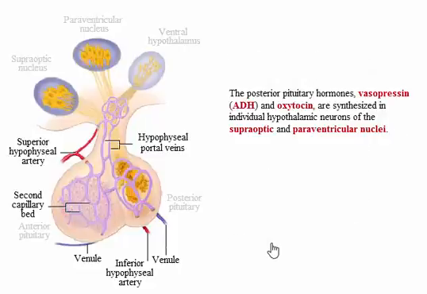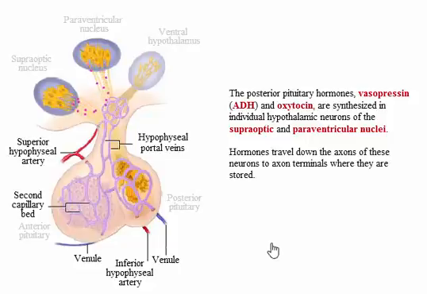We learned that the posterior pituitary hormones, vasopressin, also called antidiuretic hormone, and oxytocin, are synthesized in individual hypothalamic neurons of the supraoptic and paraventricular nuclei. Hormones travel down the axons of these neurons through the infundibulum to axon terminals in the posterior lobe where they are stored.